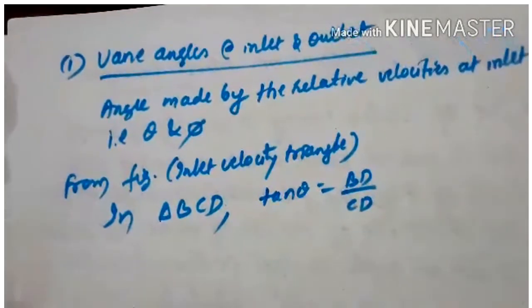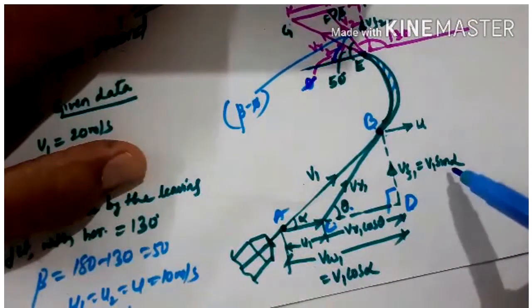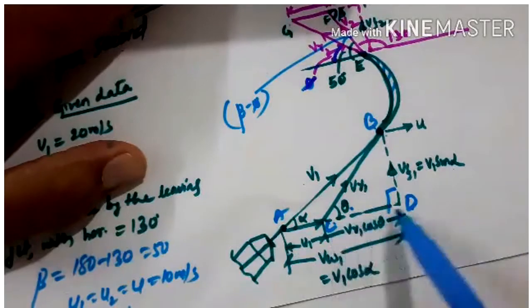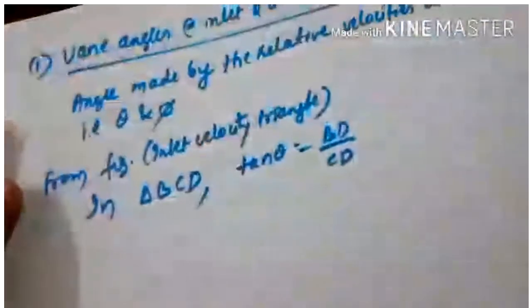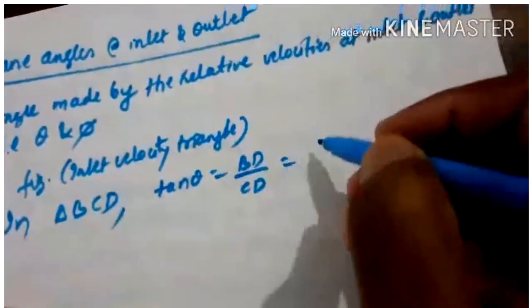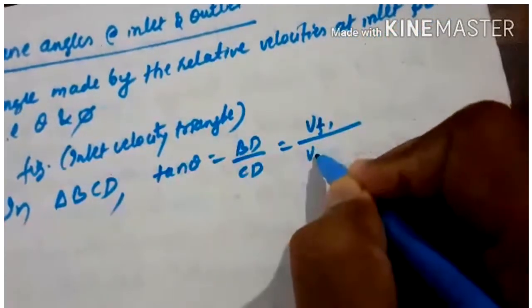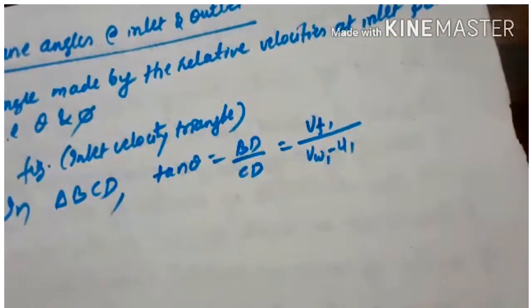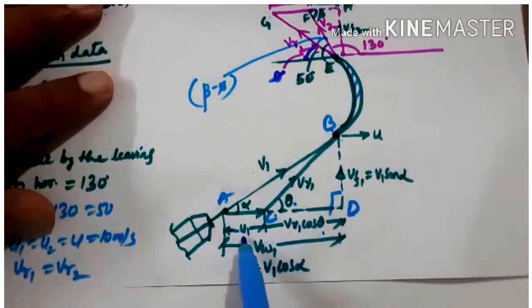But what is BD? Referring again to this triangle, BD is VF1. VF1 is nothing but V1 sine alpha, and CD is VR1 cos theta. So write that one: BD is VF1 and CD will be VW1 minus U1. Looking at this figure, CD is VR1 cos theta, that is nothing but VW1 minus U1.